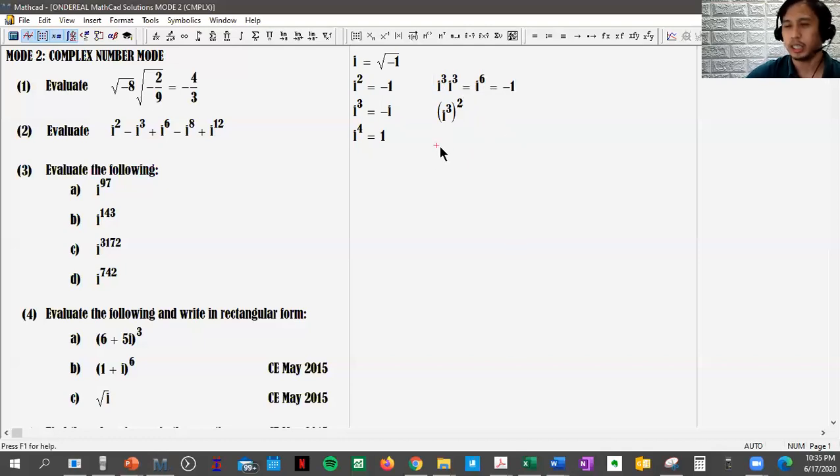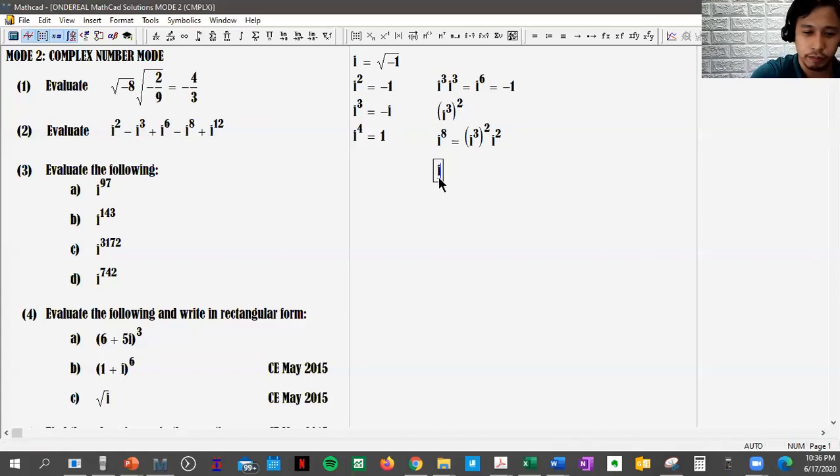But how about I raised to 8? So for I raised to 8, again, if you were to evaluate that, magiging math error yan. Make it like this. Make it equal to I cube, then squared. So that is now I raised to 6. Then times I squared. As you see, it will become I raised to 6 times I squared, or that is equivalent to I raised to 6 plus 2. Now, so its result is equal to what?